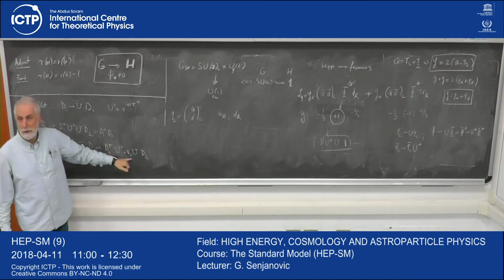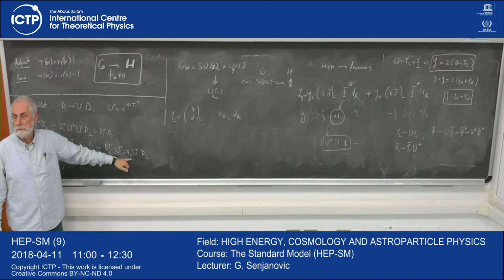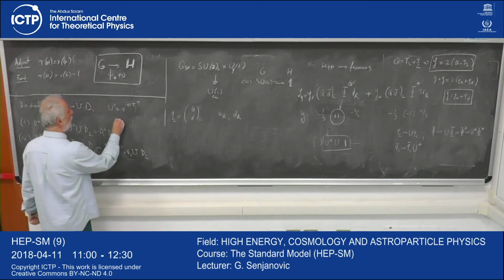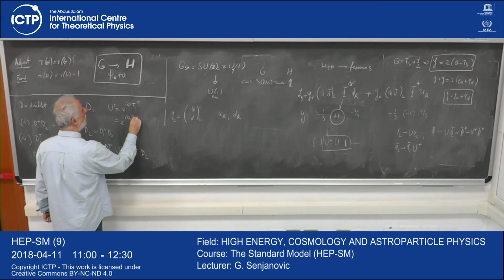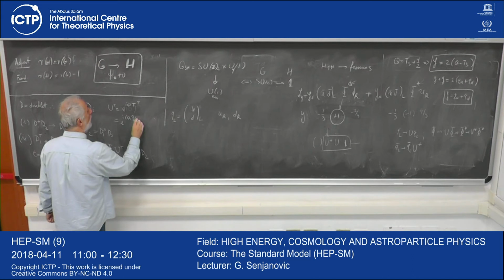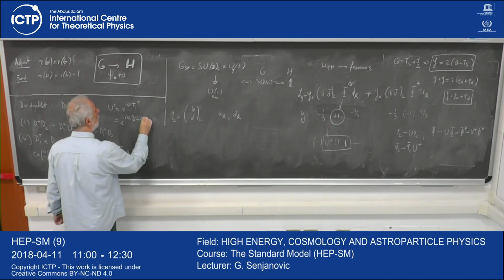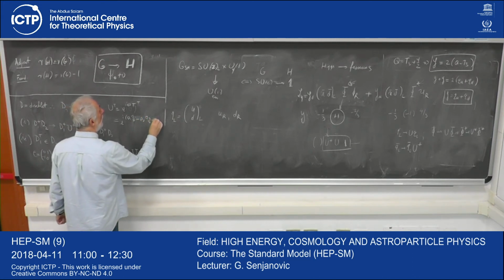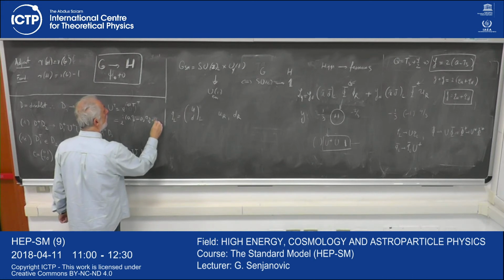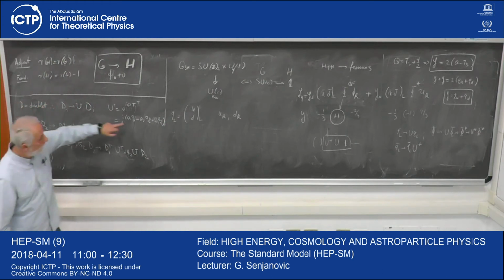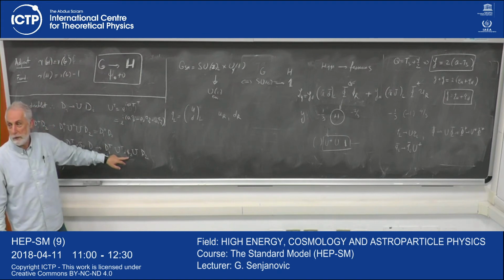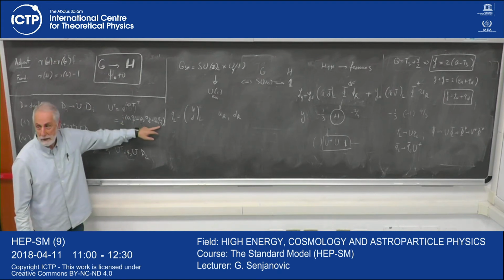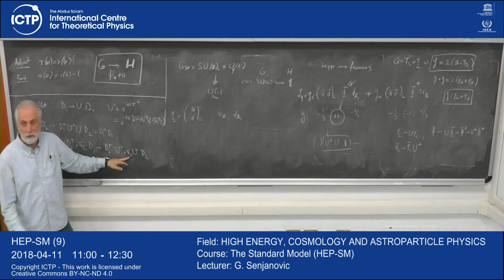If I want to be specific, this is e to the I theta 1 sigma 1 over 2 minus theta 2 sigma 2 over 2 plus theta 3 sigma 3 over 2. There is a very important difference: I get a minus sign here. But sigma 2 commutes with sigma 2. These guys are plus here, but they anti-commute with sigma 2.